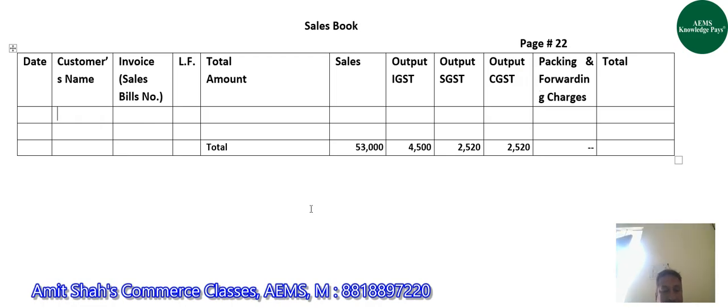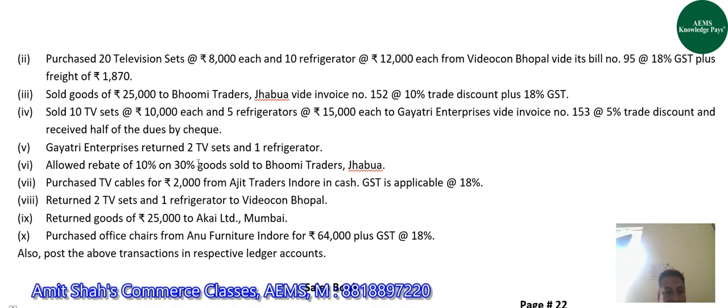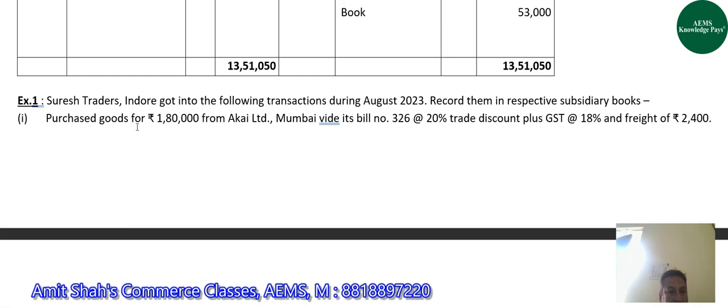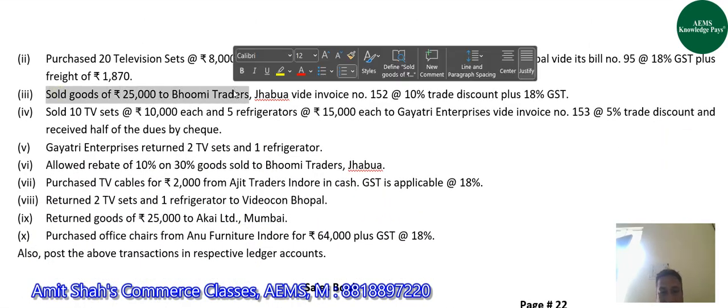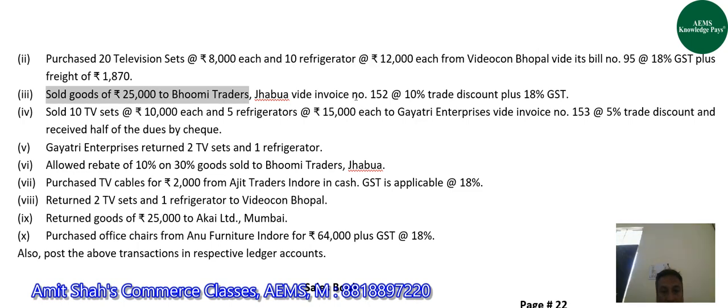So now guys, let's record the transactions given to us in this question. Here we have sales to Bhumi Traders, Jhabua, vide invoice number 152, 10 at the rate of 10% trade discount plus 18% GST. Right, so this will go to our sales book.